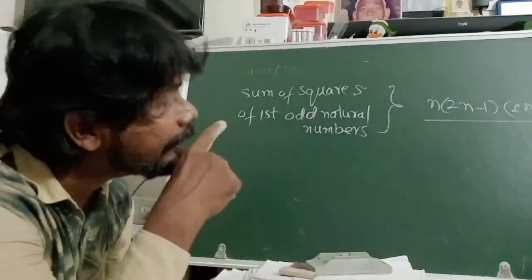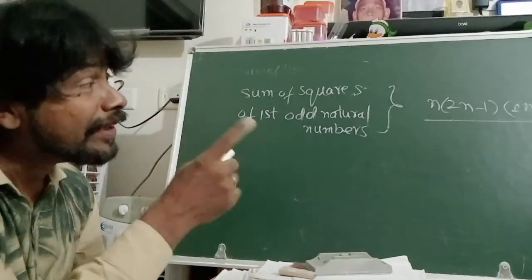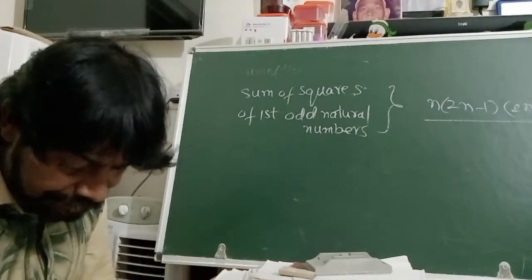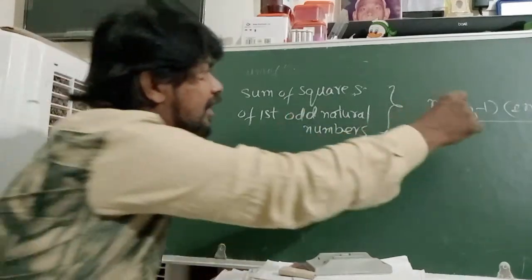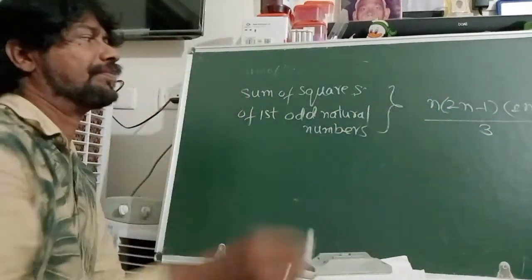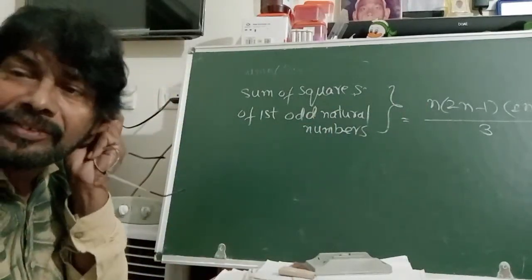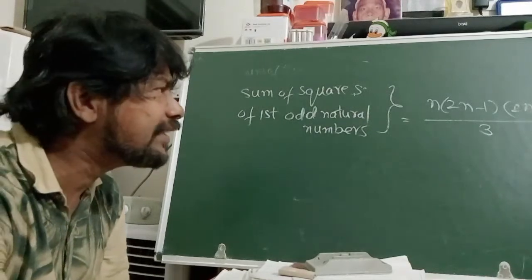Look there, n into 2n minus 1 into 2n plus 1 has the a square minus b square formula. How many terms are there? 3 terms are there. So n into 2n minus 1 into 2n plus 1 by 3.